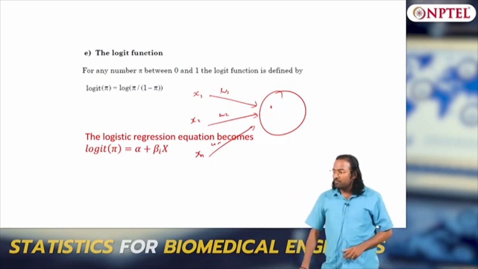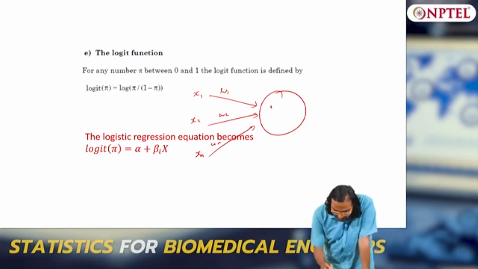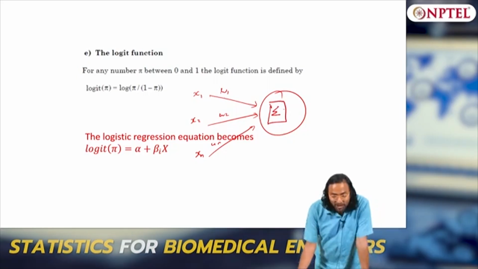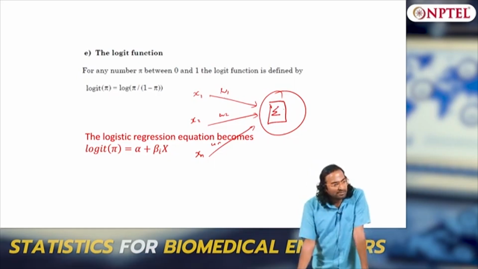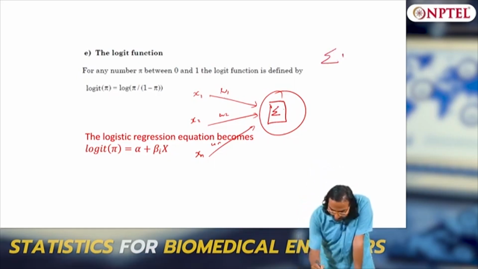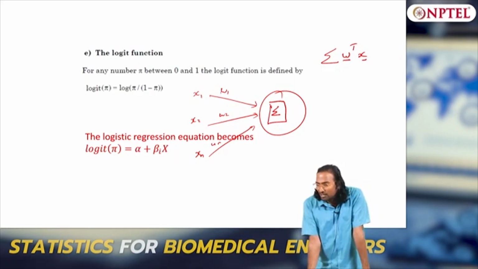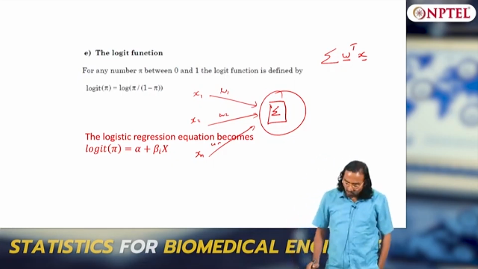So weighted inputs come in, and if I want to write it mathematically, these are summed up. So I have the summation W transpose x, W transpose x, 1 cross n into n cross 1, right, that is why it is W transpose x, not Wx, to preserve multiplication.